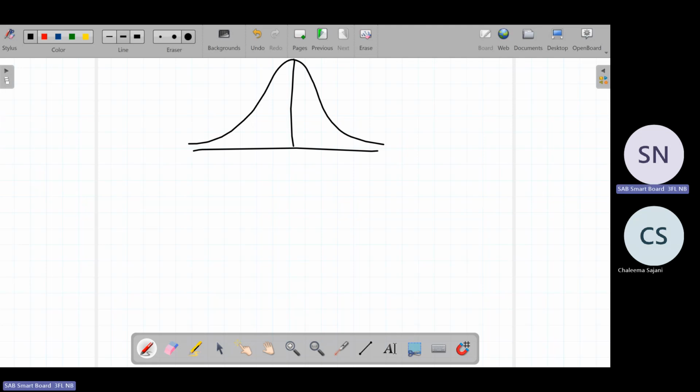These things you studied in grade 6. They are mean, median, mode. These are the central tendency measurements.